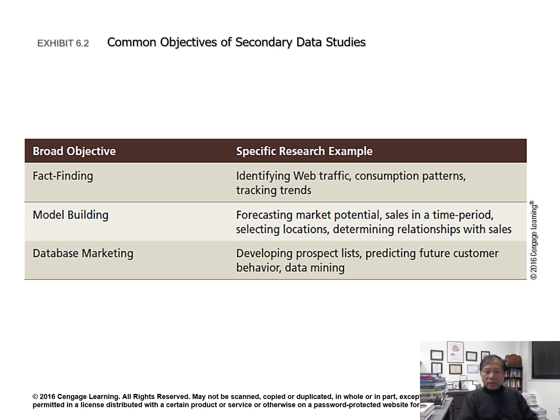You can use secondary data for model building, to forecast market potential, sales in a time period, select retail locations, and determine relationships with sales. You can use secondary data for database marketing: develop lists of prospects to visit or call upon, predict future customer behavior, and do data mining. That's what we can do with secondary data.